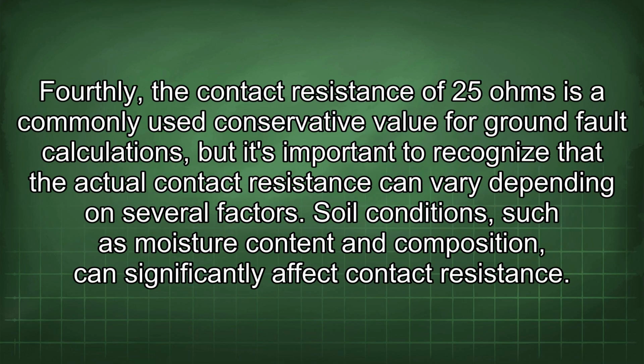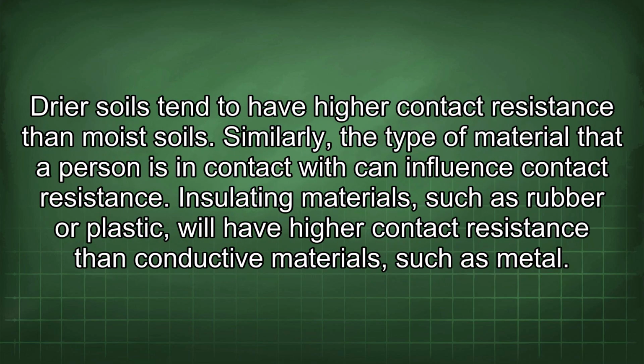Fourthly, the contact resistance of 25 ohms is a commonly used conservative value for ground fault calculations, but it's important to recognize that the actual contact resistance can vary depending on several factors. Soil conditions, such as moisture content and composition, can significantly affect contact resistance. Dry soils tend to have higher contact resistance than moist soils.